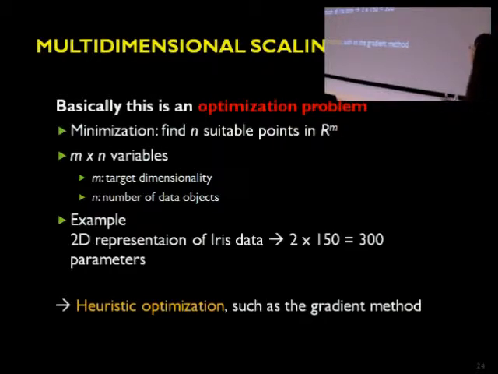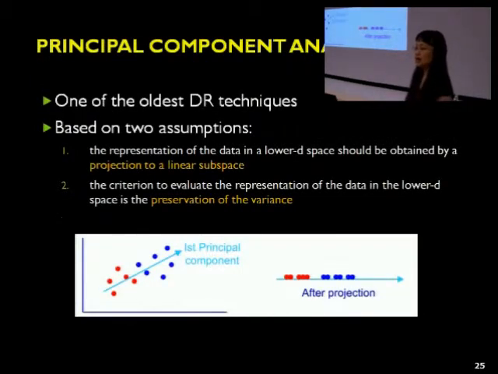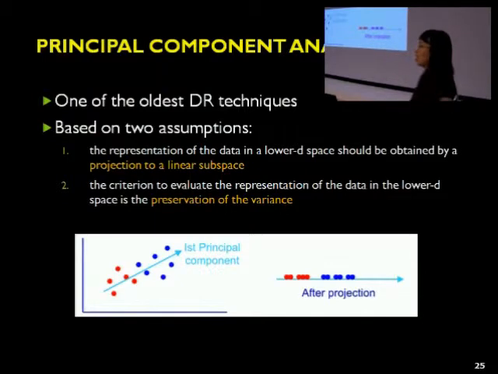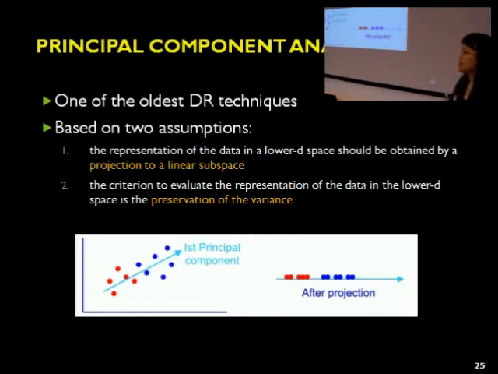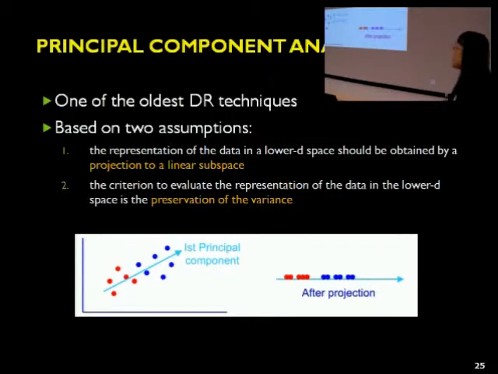the algorithm. So now let's move to the second dimensionality reduction technique, which is principal component analysis. It is probably the oldest DR technique, and the algorithm, as many speakers mentioned before, is based on two assumptions. The first assumption is that the representation of the data in a lower dimensional space should be obtained by a projection to a linear subspace.